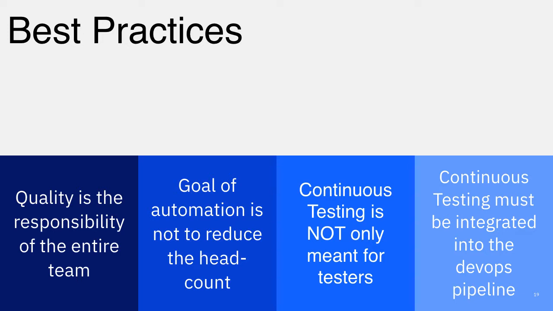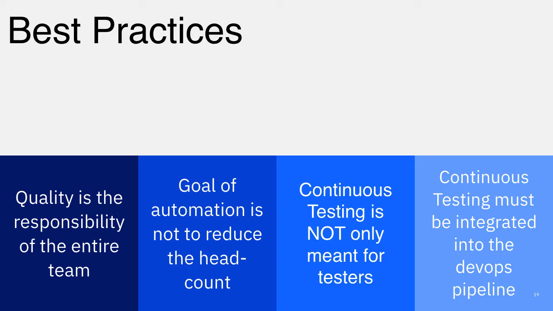These could be corner cases, creative testing, ad hoc testing, and so on, where the automation scripts don't cover the scope of such tests. So that should be the goal of your automation, and not mere reduction of headcount.